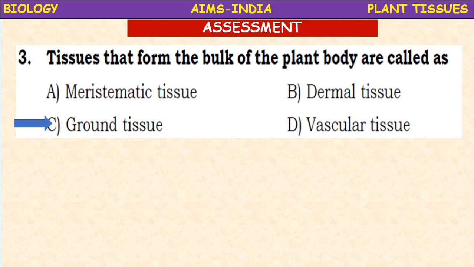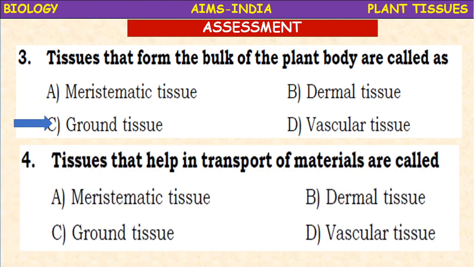The bulk of the plant body is made up of ground tissue. Next, the tissue that helps in transport of materials is called which tissue? Xylem and phloem. Vascular tissue.